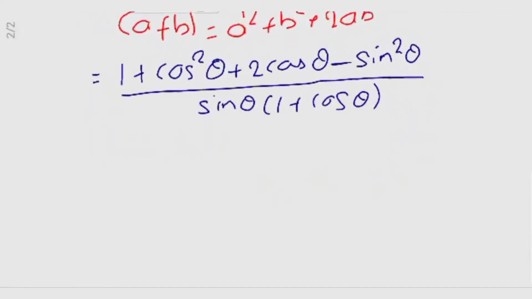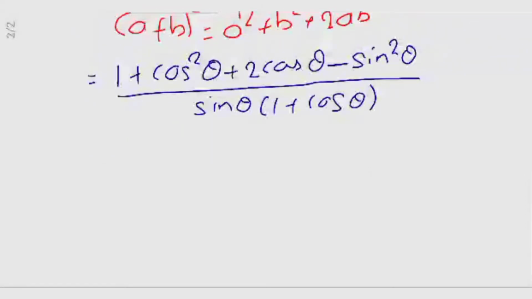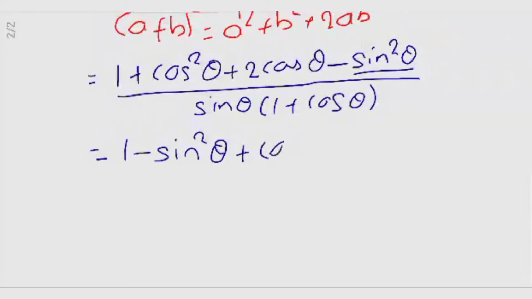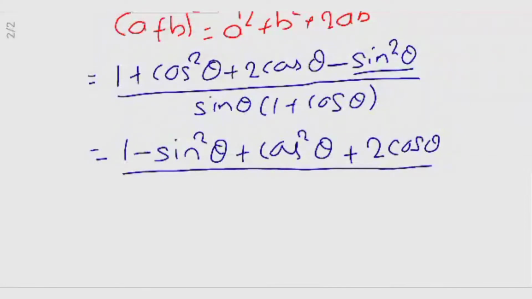So now rewrite this equation. So it will become 1 as it is, minus sin square θ, plus cos square θ as it is, and plus 2 cos θ as it is, and this divided by sin θ (1 + cos θ) as it is.